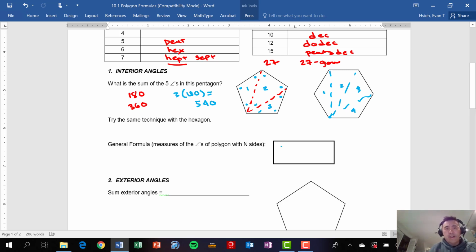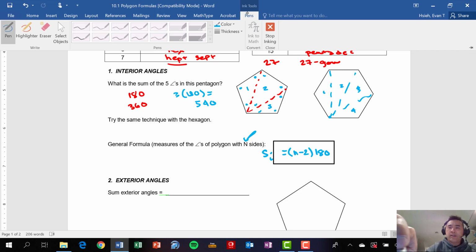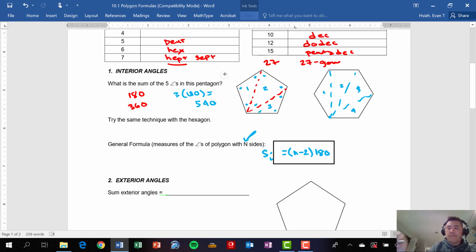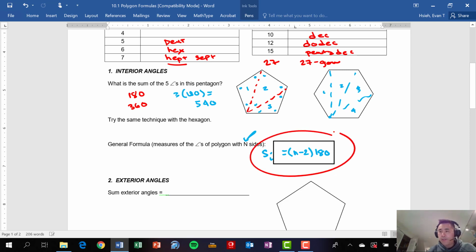Ultimately, you're going to end up with n minus 2, where n is the number of sides, times 180 degrees, is equal to the sum of the interior angles for a polygon. So that's the general formula that you'll need to know for that.